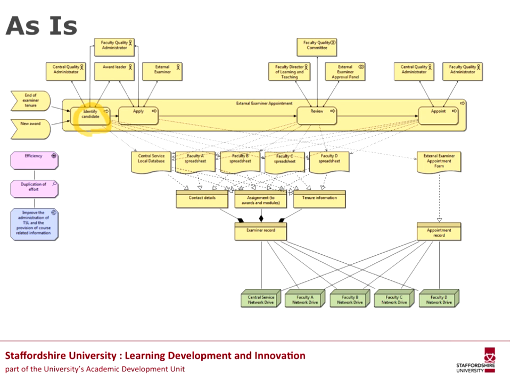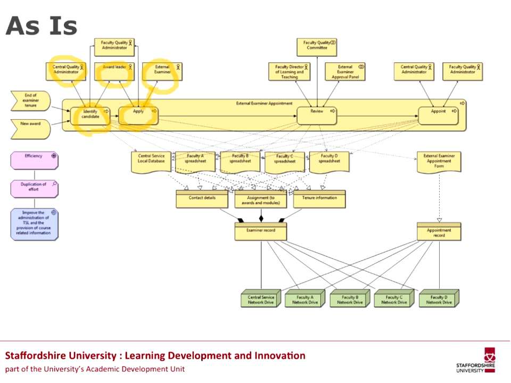So you identify the actual external examiner, and that's a job that somebody in the central quality administrator role would do. You've also got the award leader who would be watching this process, and the external examiner themselves who would actually apply for the post here.